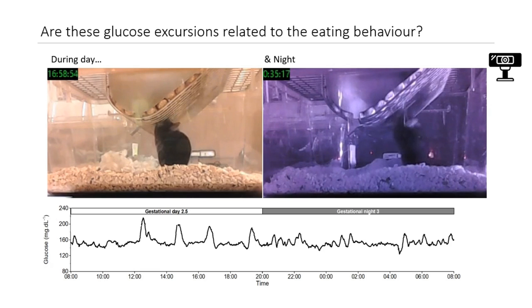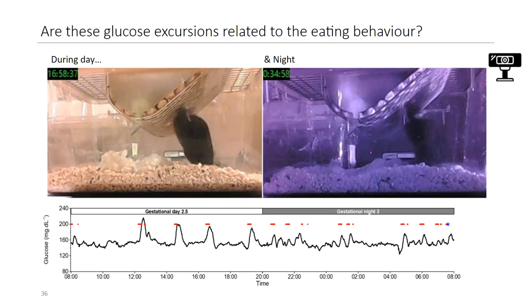And we did this using infrared light. And we did this early in gestation, mid gestation, and late in gestation, every time 1 day, so 24 hours.